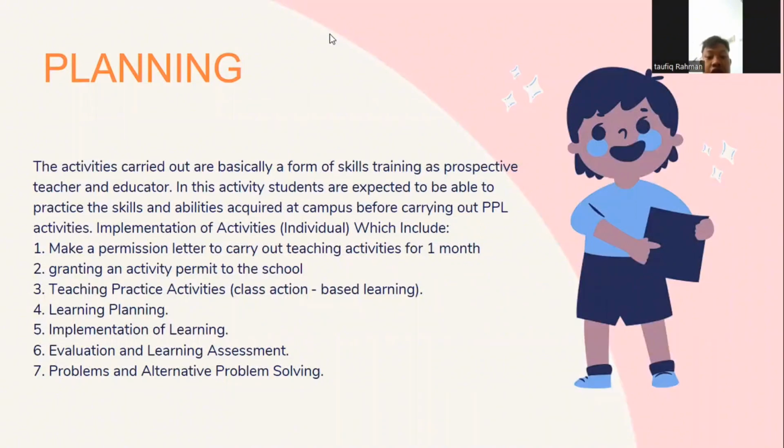In these activities, students are expected to be able to practice the skills and abilities acquired on campus before carrying out PPL activities and the implementation of individual activities. The first is to make a permission letter to carry out teaching activities for 1 month. And second, granting an activity permit to the school.